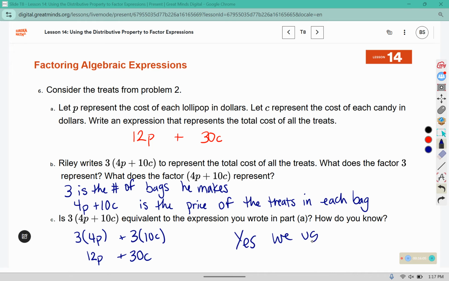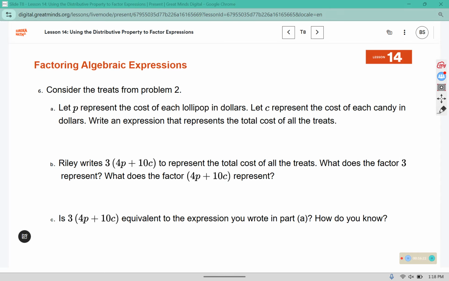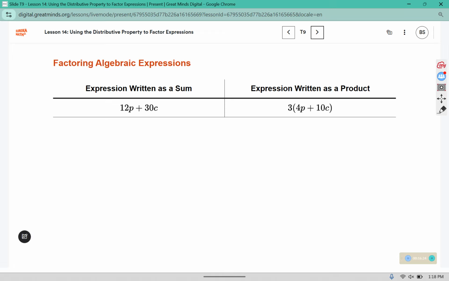We used the distributive property. So that's showing those two expressions.